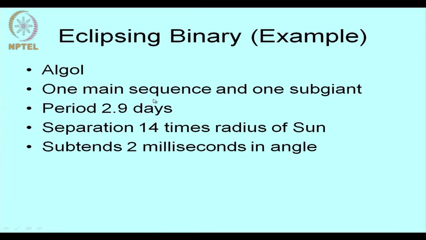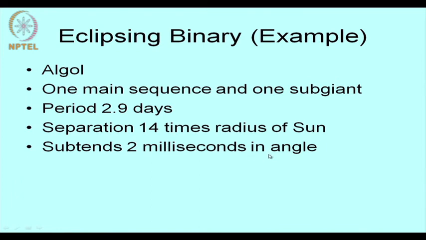The separation between the two stars is just 14 times the radius of the sun. So, it is an extremely tight orbit, and the two stars in this binary system subtend 2 milliarcseconds in angle.